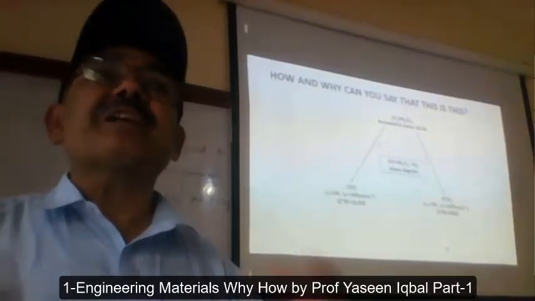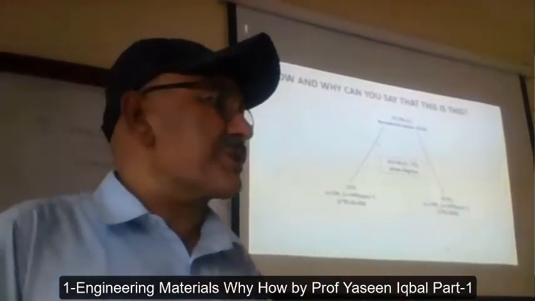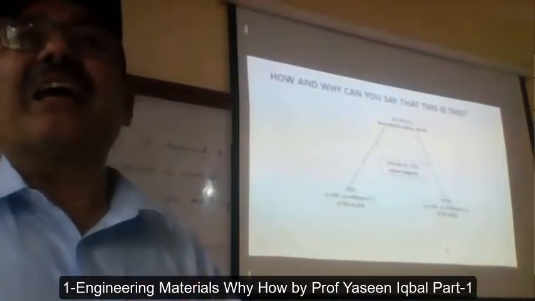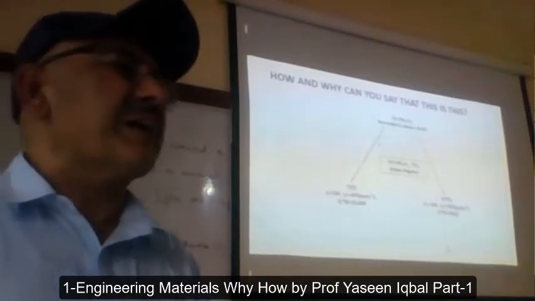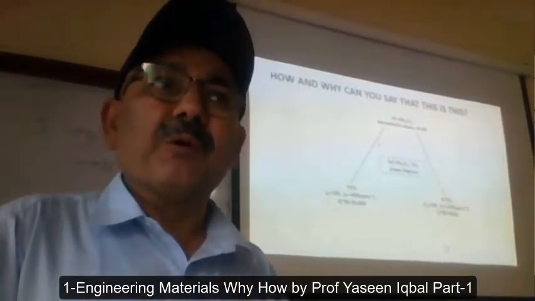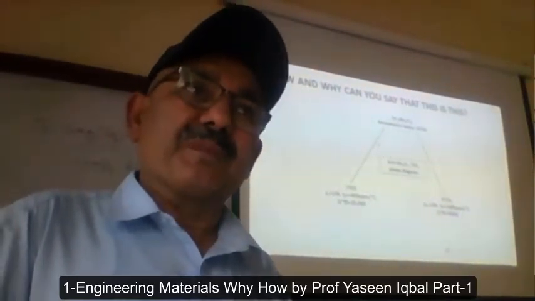So when the weight is almost negligible, and the strength is so much higher, how big a revolution it can bring in the aeronautical industry. Where weight is the problem, where strength is the problem, right?